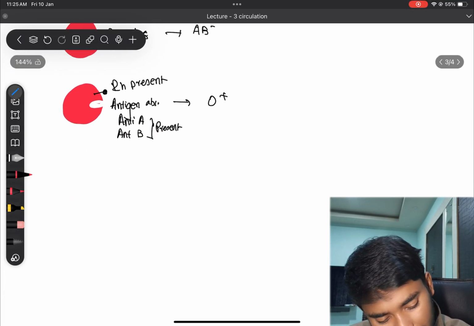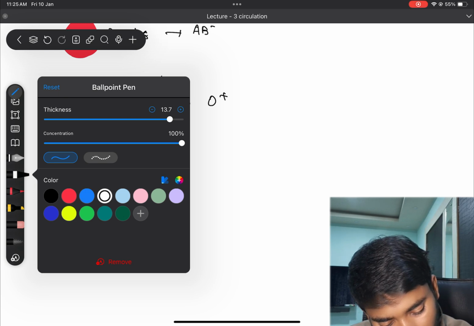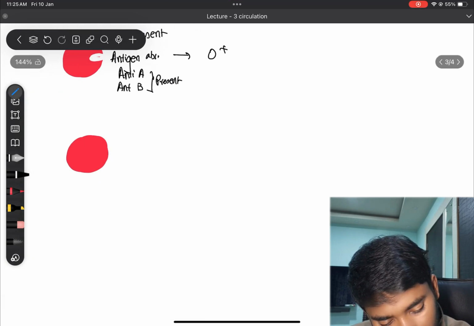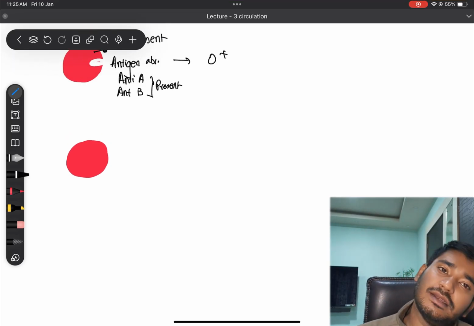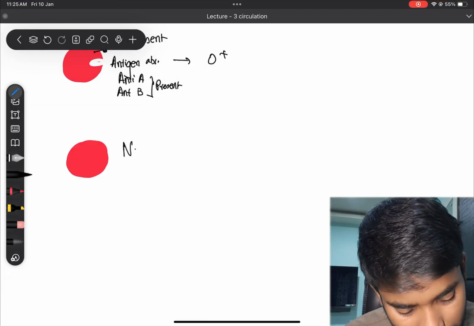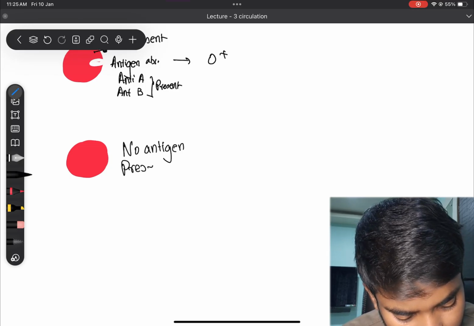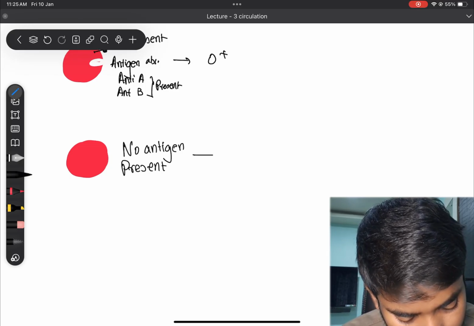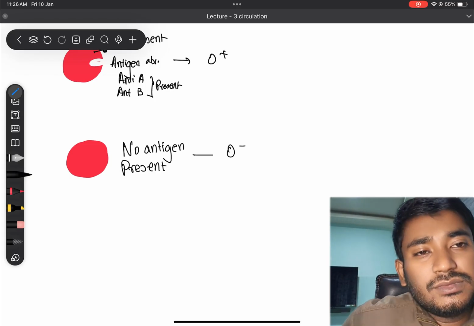And in the next, no antigen is present, it is O negative.